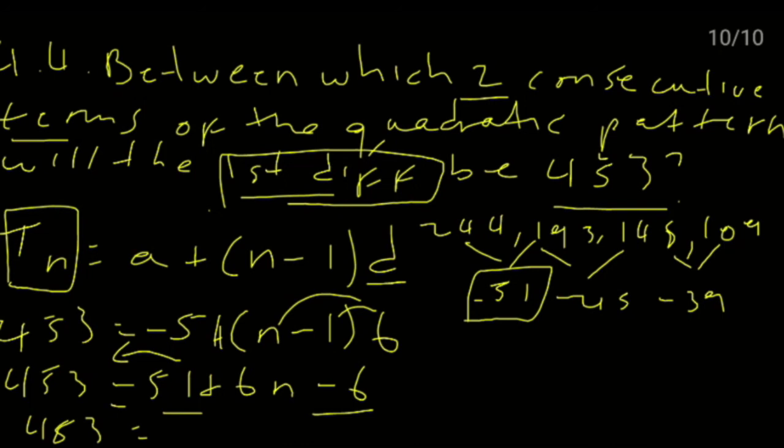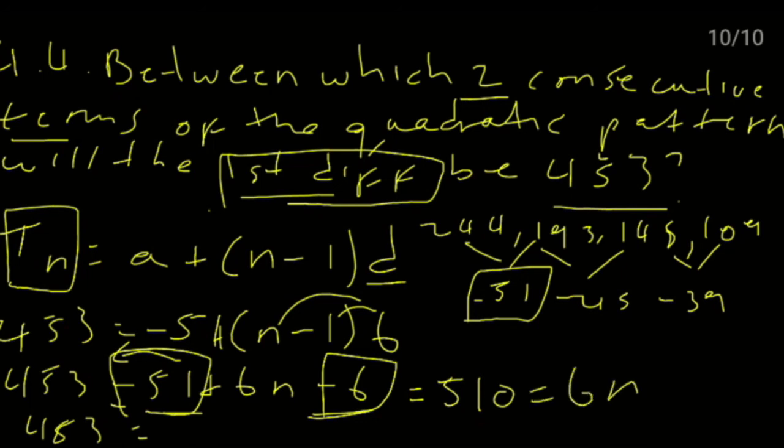If we add these two, so it's minus 51 minus 6, so it's minus 57. We take the minus 57 to the other side, we will get 510 equals 6n. So we try to find n, so n is 510 divided by 6, which is 85.